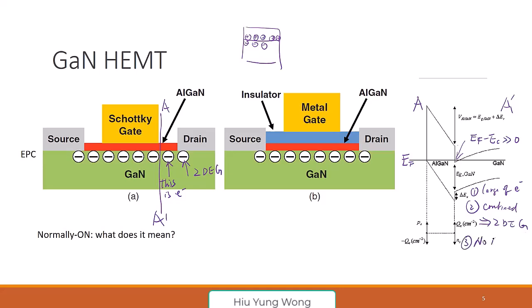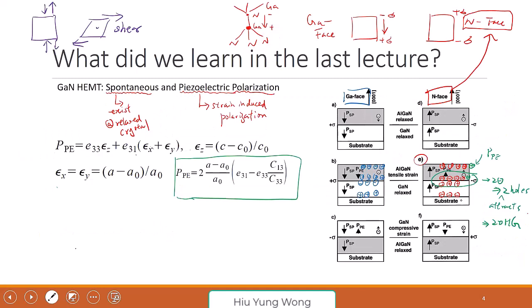No impurity. Last time when we talked about the gallium arsenide, we said all the impurity are in the barrier, so they don't get scattering. Here we don't have impurity. We only have this polarization charge. Polarization charge is not impurity. Look at the crystal.